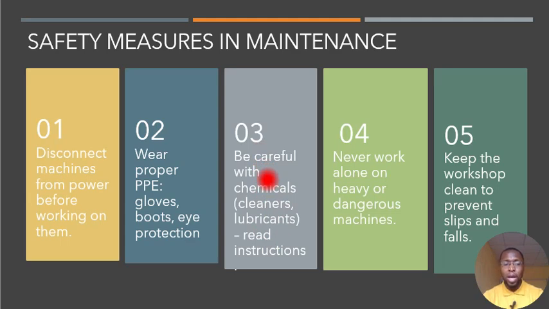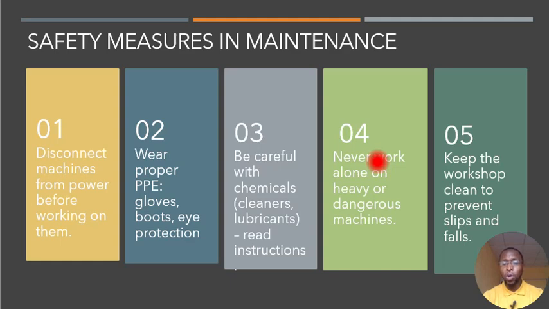And the fourth one, never work alone on heavy or dangerous machines. There are machines that are heavy, like a tractor. Do not work alone. At least it should be two persons so that the other person is also observing to avoid accidents.